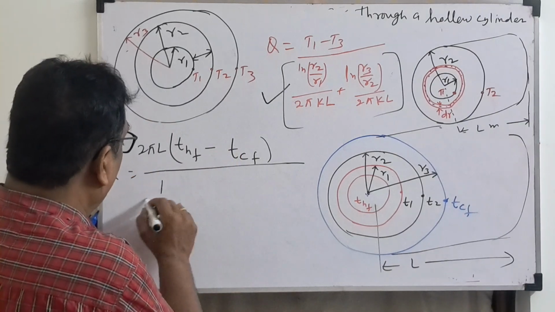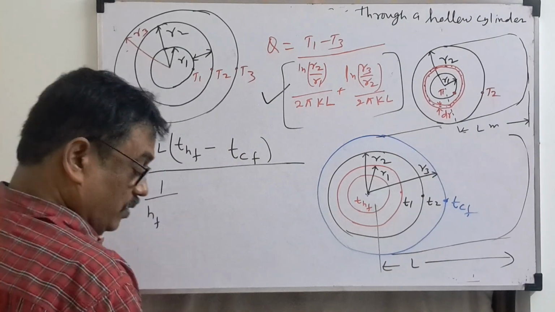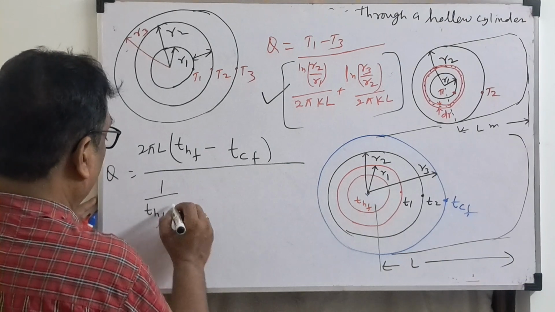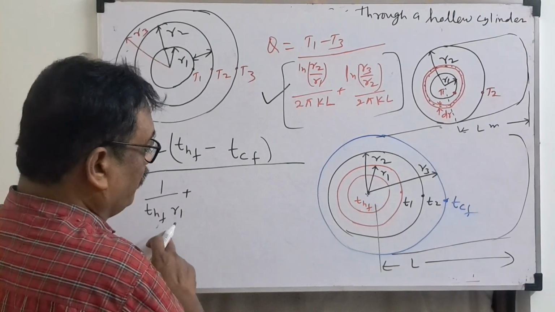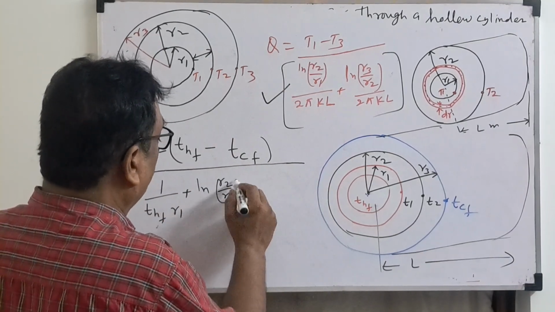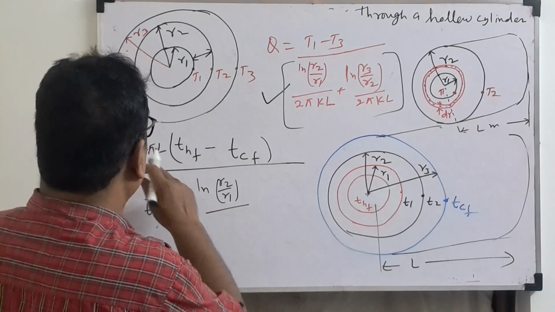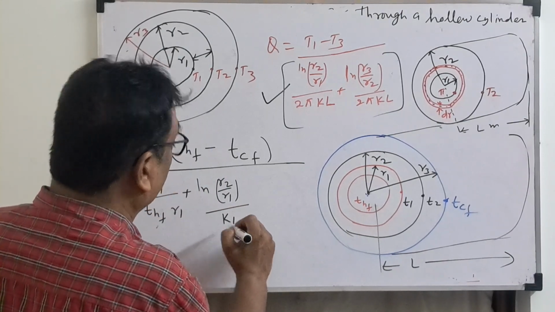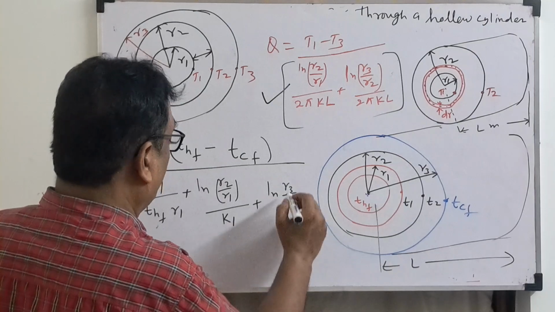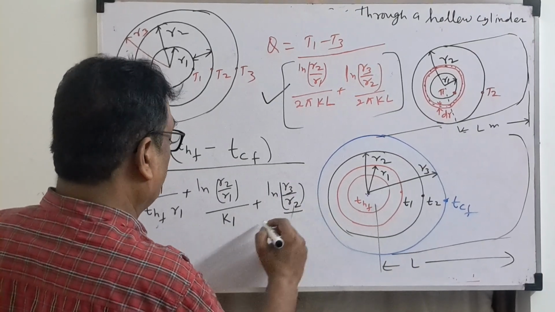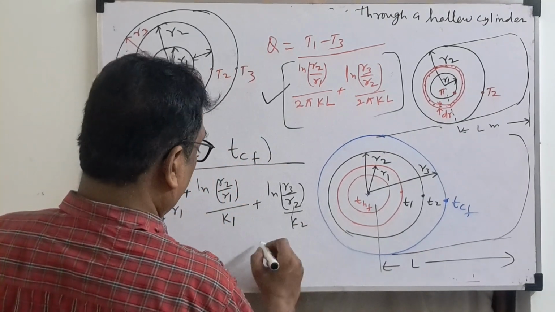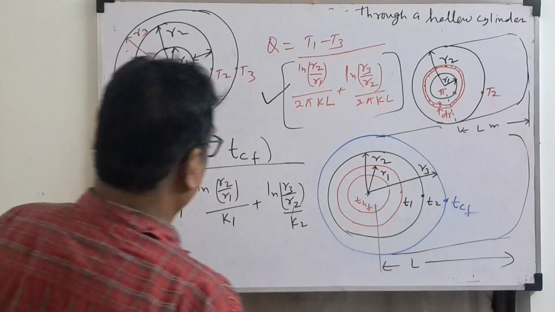So what will we write here? 1 by the temperature of the hot fluid into R1, plus the conduction: ln R2 by R1 divided by 2 pi L, with thermal conductivity K1, plus ln R3 by R2, then thermal conductivity K2. Okay, we'll start again.